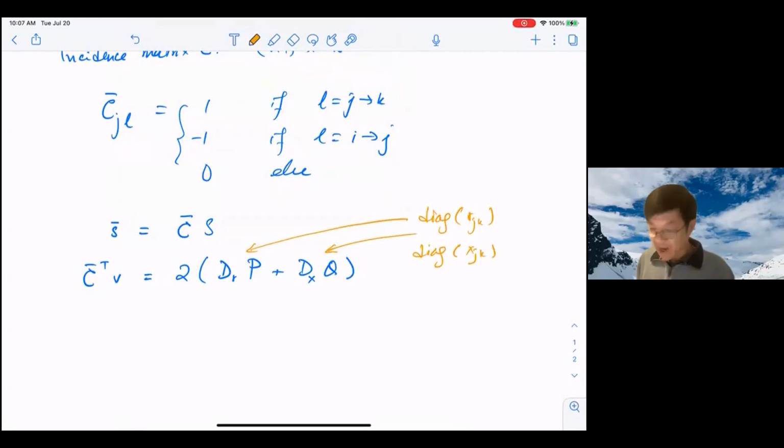So you get simple diagonal matrices on the right-hand side, and then the incidence matrix on the left-hand side.